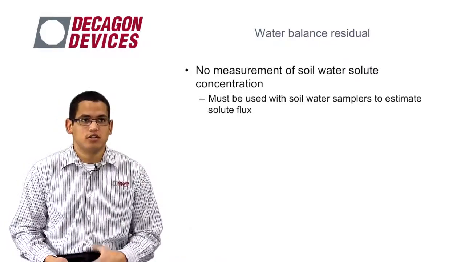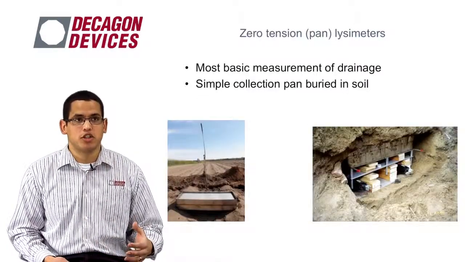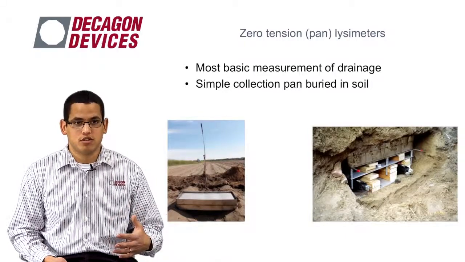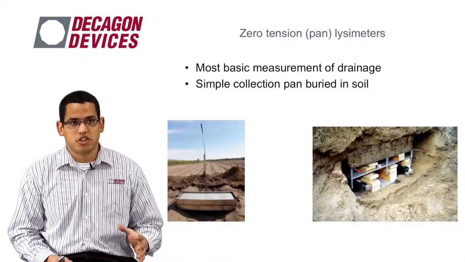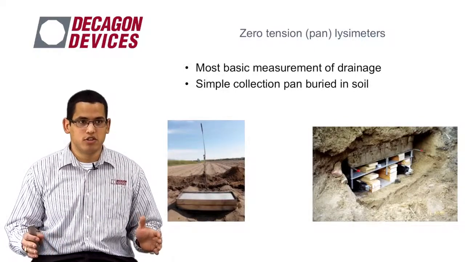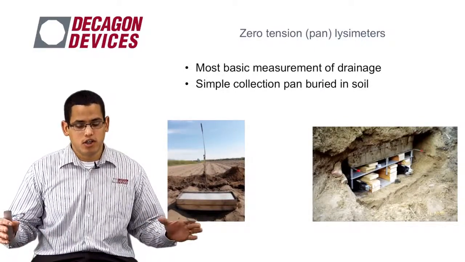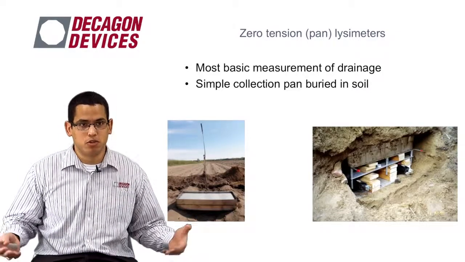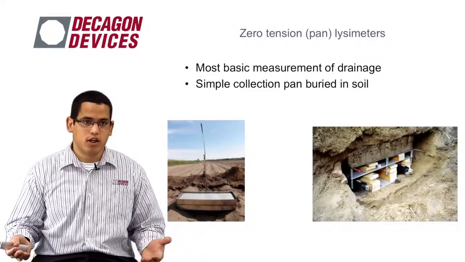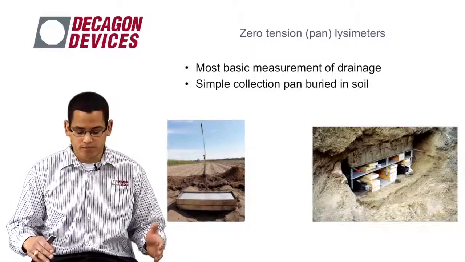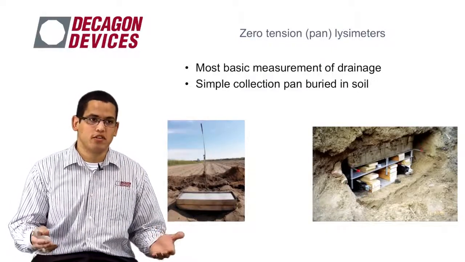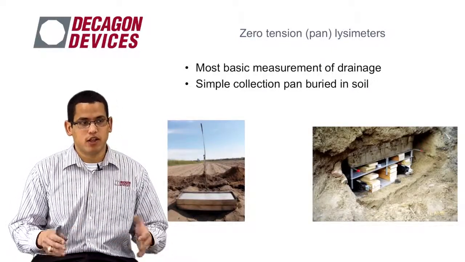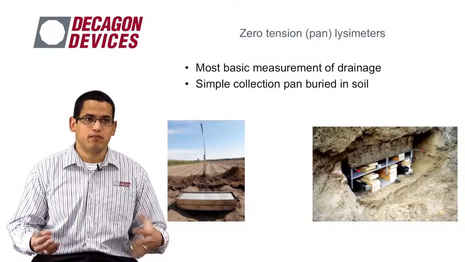So our next method, again another very basic measurement of drainage, is the zero tension pan lysimeter. With the zero tension pan lysimeter, you essentially install a large box or a large open chamber underneath the soil, or repacked soil over it, with a drainage grate allowing the water to freely drain into the pan.